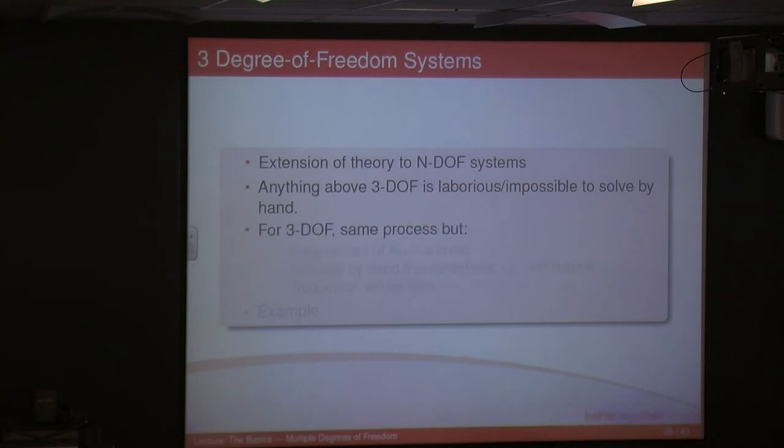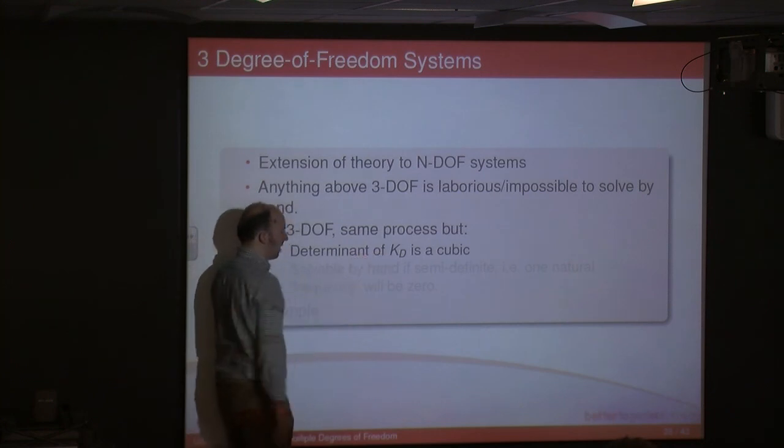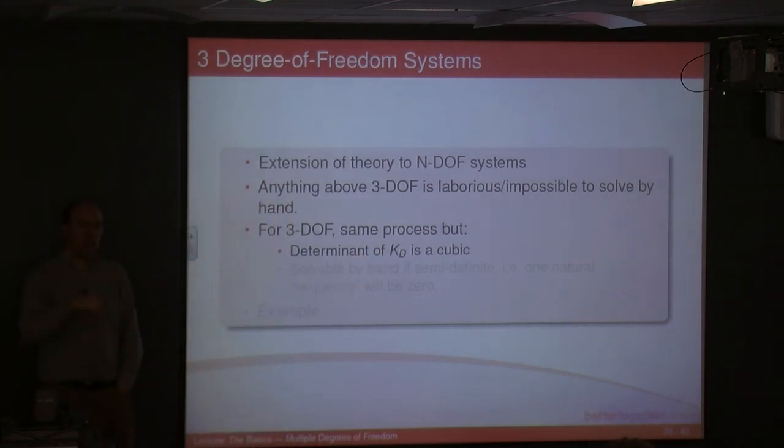And for a 3 degree of freedom system, it's the same process, but what happens is that KD, our determinant of the mechanical impedance matrix, ends up being, instead of a quadratic, a cubic equation. There'll be omega to the power of 6 in there, or lambda to the power of 3. Now again, that's quite difficult to solve by hand.